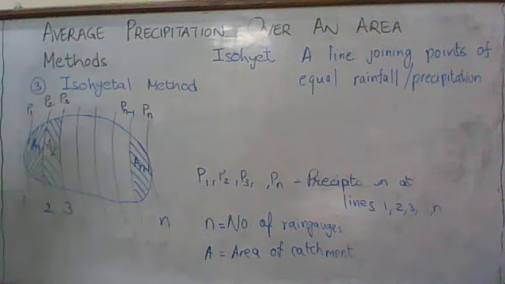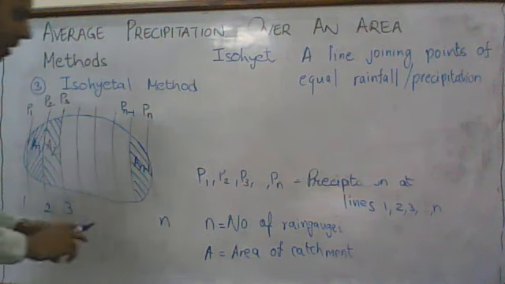So in this case, what will be the average precipitation?